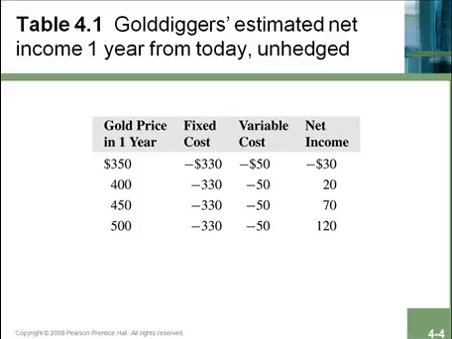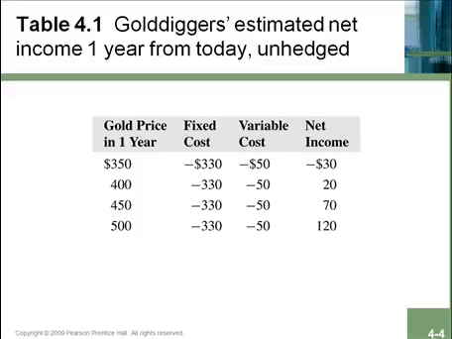So essentially, assuming there are no other costs and no other revenue sources, Gold Diggers' profit is going to be the price of gold per ounce minus $380, multiplied by the number of ounces that they produce.